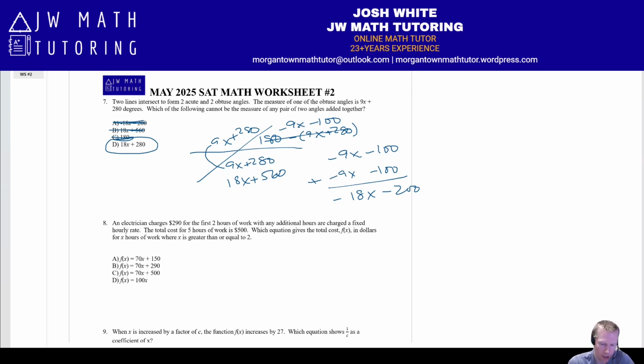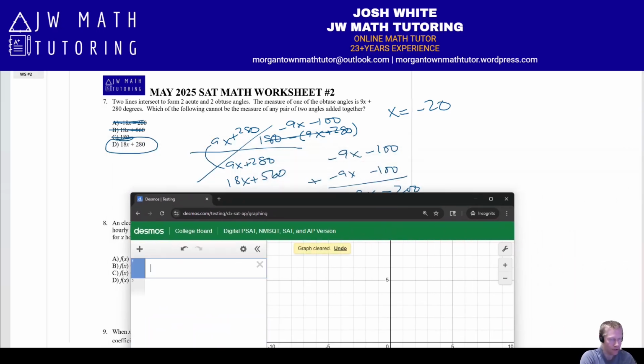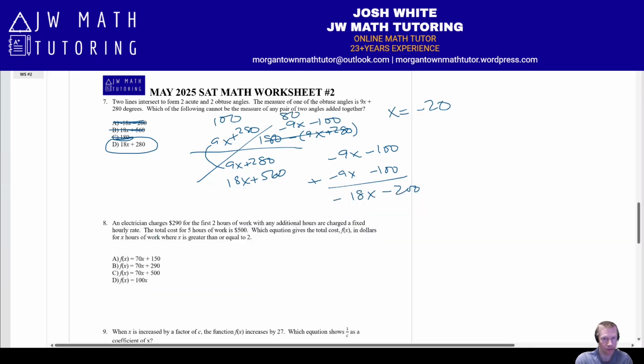Now, an alternate way you could do this is to let x equal negative 20. If you do that, the original obtuse angle works out to be 100, which matches, and that means the other one turns out to be 80.